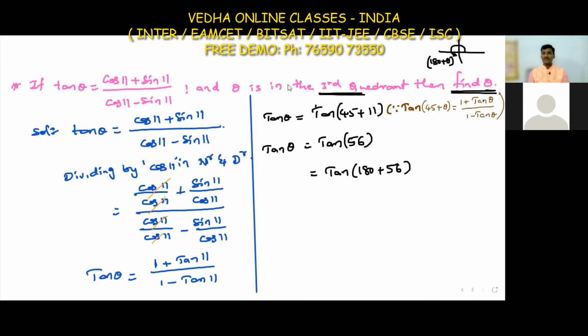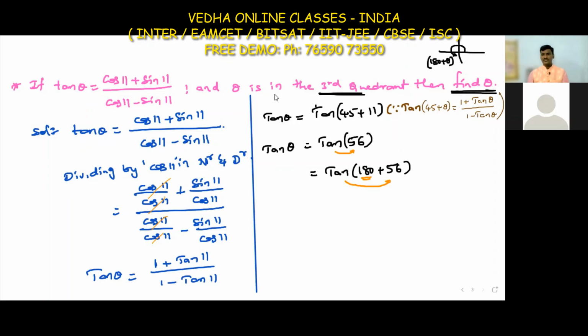If we check it here, when we have 180 degrees, for tan we replace with tan. So tan 56, and 180 plus theta is in the third quadrant, all silver tea cups. Tan theta is positive in the third quadrant. So we can write it.